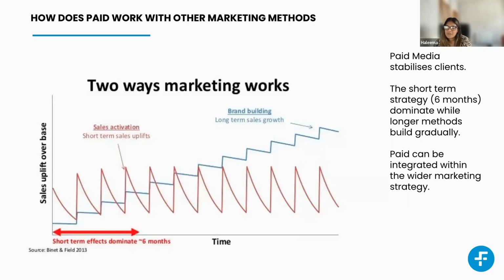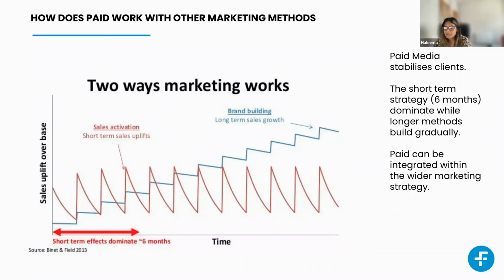So how does paid work with other marketing methods? This little graph shows exactly what the two methods are: a short term and a long term. The long-term growth is through SEO, and it's a gradual growth.